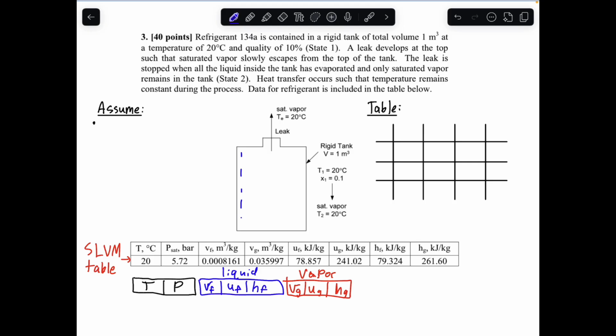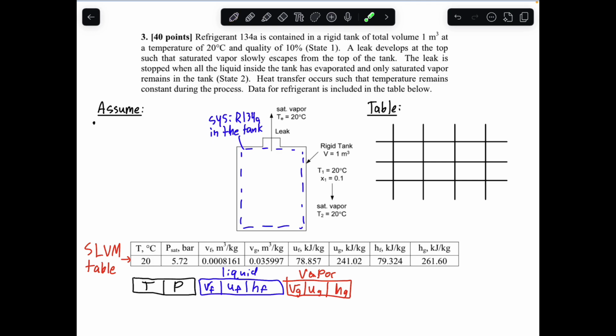So the system that we should focus on is going to be the R134 that is inside the tank. So I will write our system is going to be the R134A in the tank.